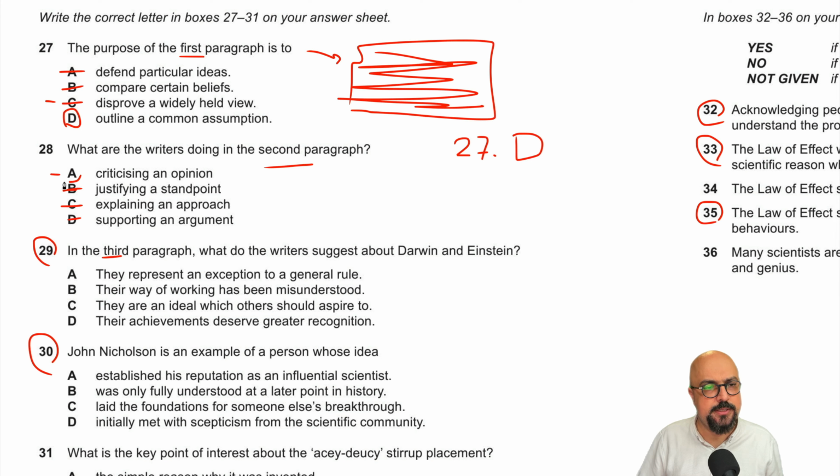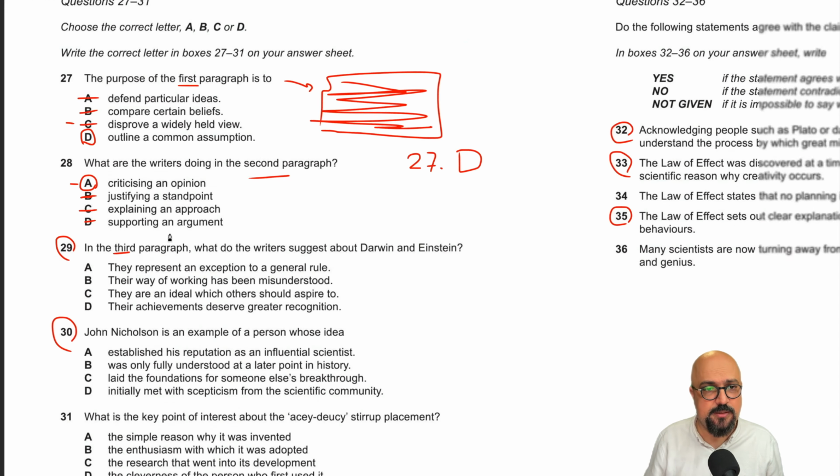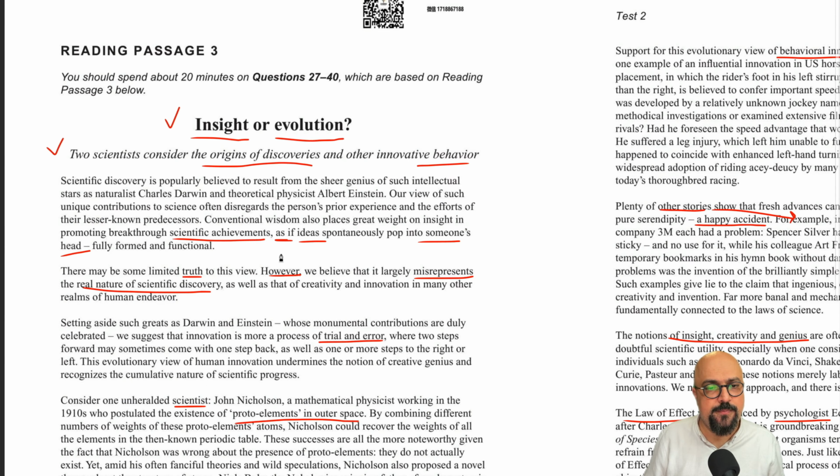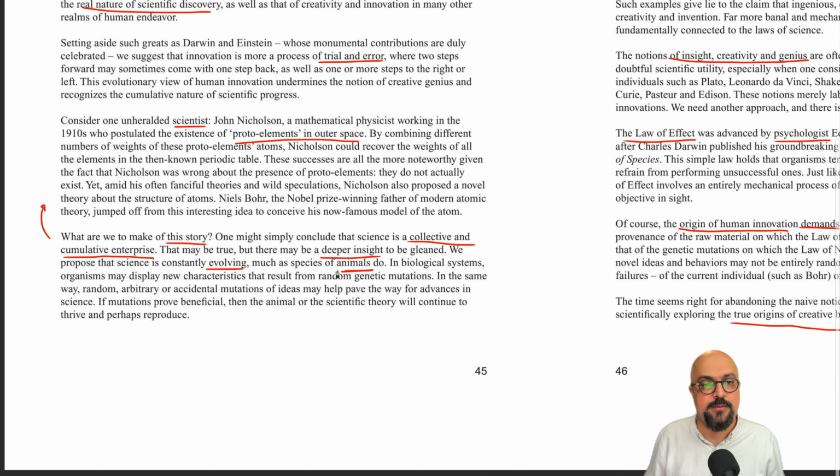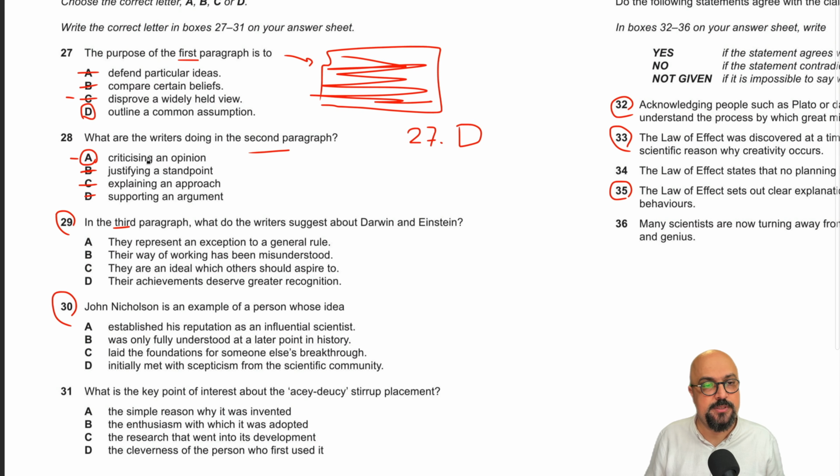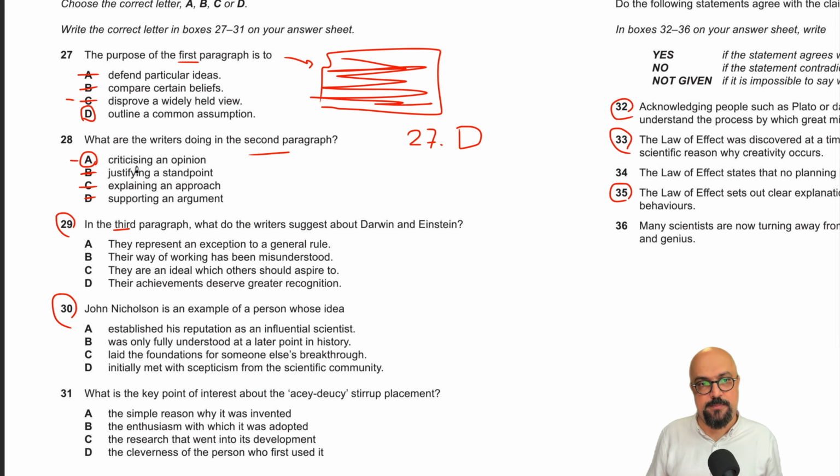So the answer is criticizing an opinion, because it was the opinion that, I mean, there was the word, what was that? Let me show you. However, so there might be some limited truth to this view. So it's very negative, limited truth. However, we believe, so yeah, definitely this is trying to criticize an opinion.